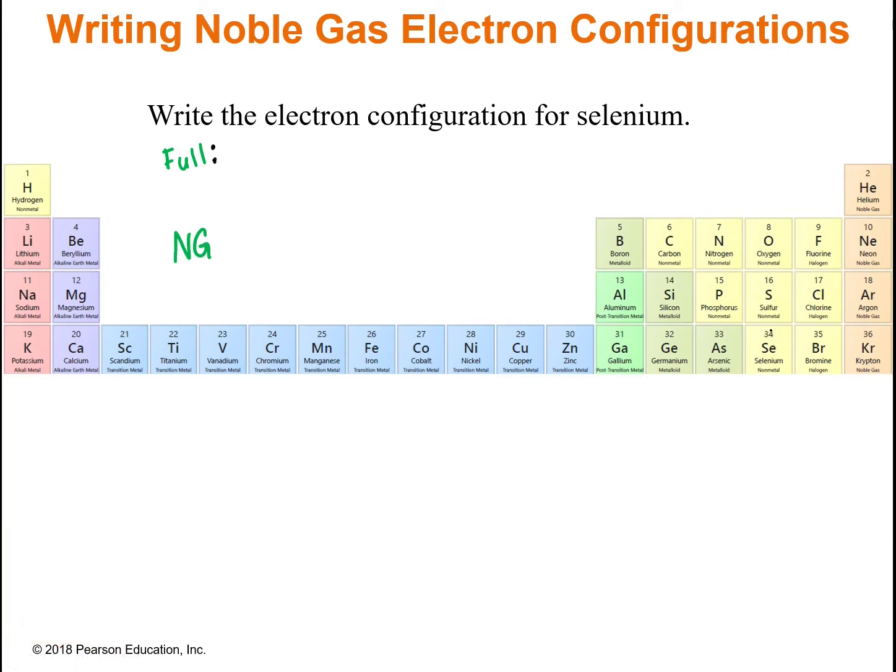So selenium is in the same period as manganese by design, so that if you didn't understand, you could at least have a jumping point since we just did manganese. So I'm not going to write out all of the 1s, 2s, and all that on this one.